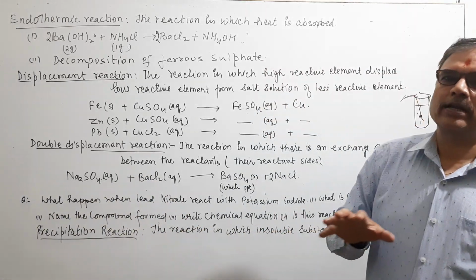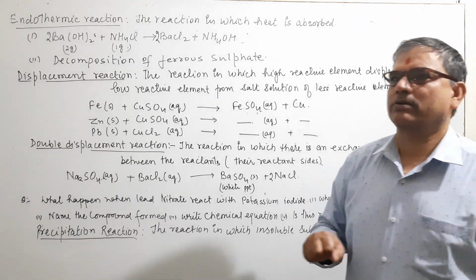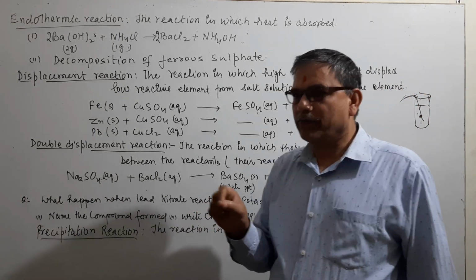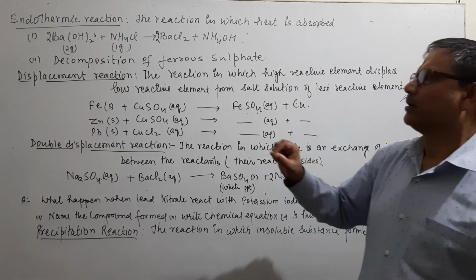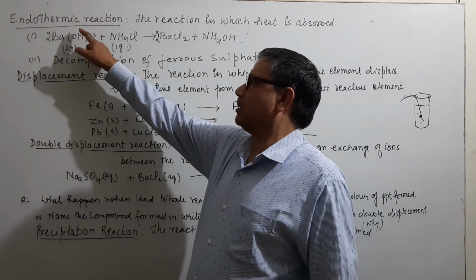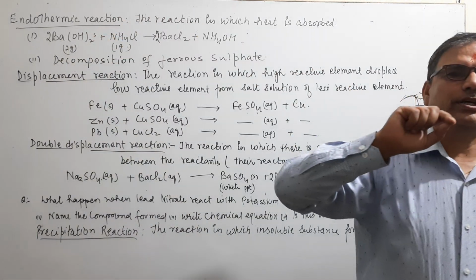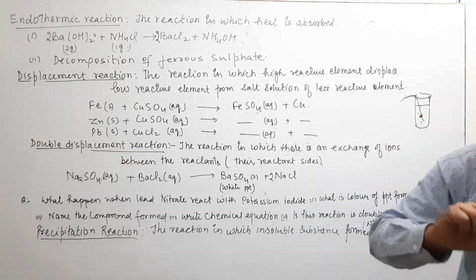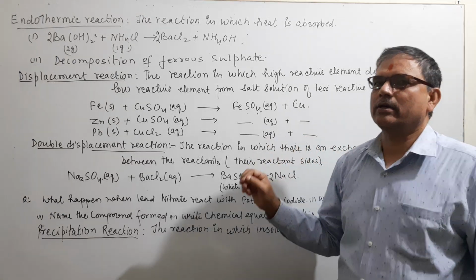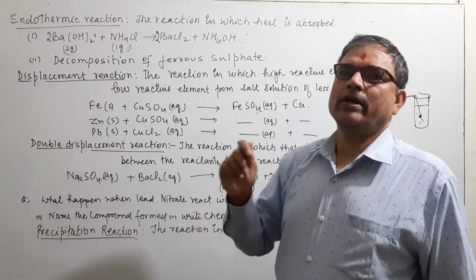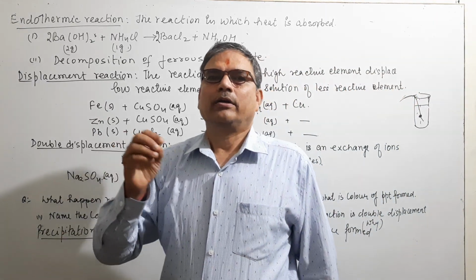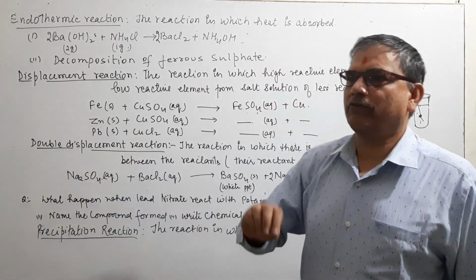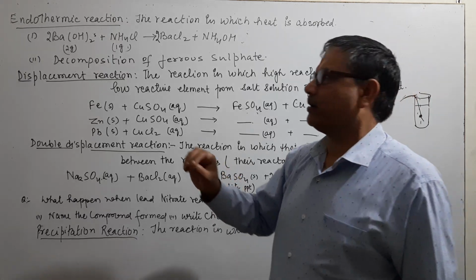It means there will be a slight decrease in the temperature of that compound. Endothermic reactions are those reactions in which heat is absorbed. Most of the endothermic reactions are decomposition reactions, and we will take different examples.